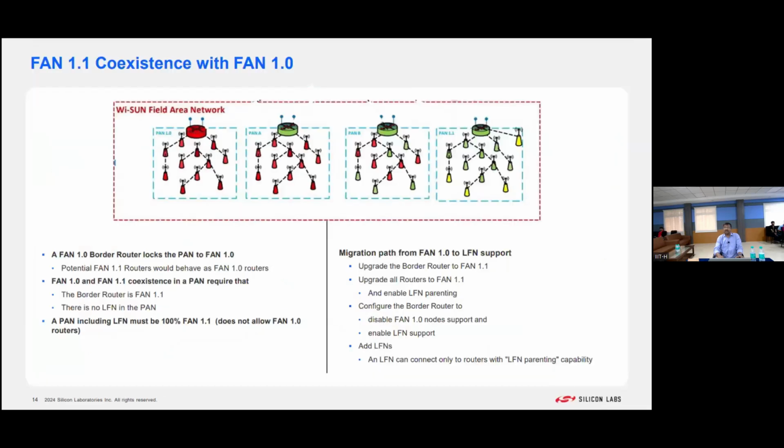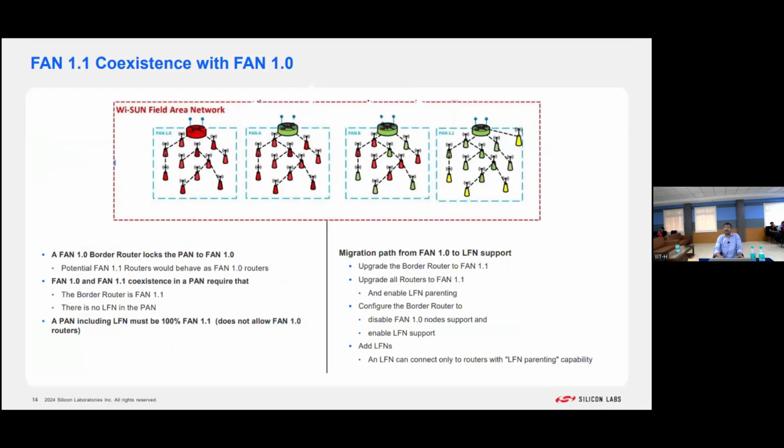FAN 1.0 is the first initial field area network specification from the Wi-SUN Alliance, and it had only some of the support, like there was no support for leaf nodes or battery-powered nodes earlier.